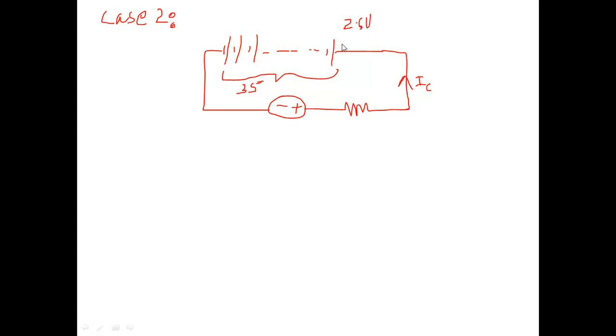So what will be the total voltage across this battery? Suppose we call it VB2. This will be 35 into 2.6, that is equal to 91 volt.